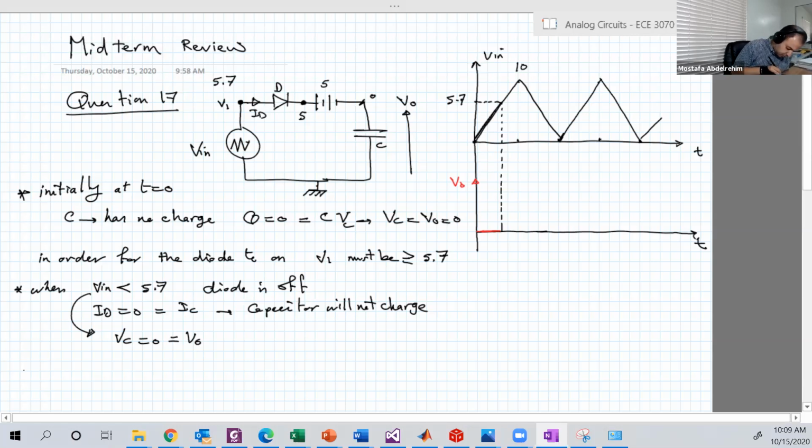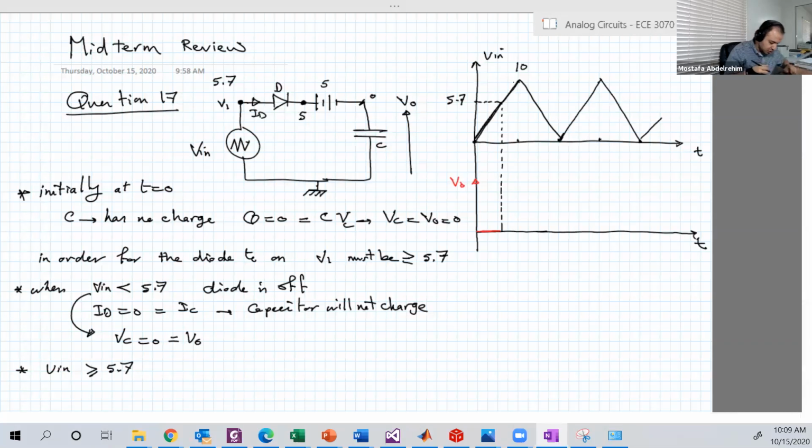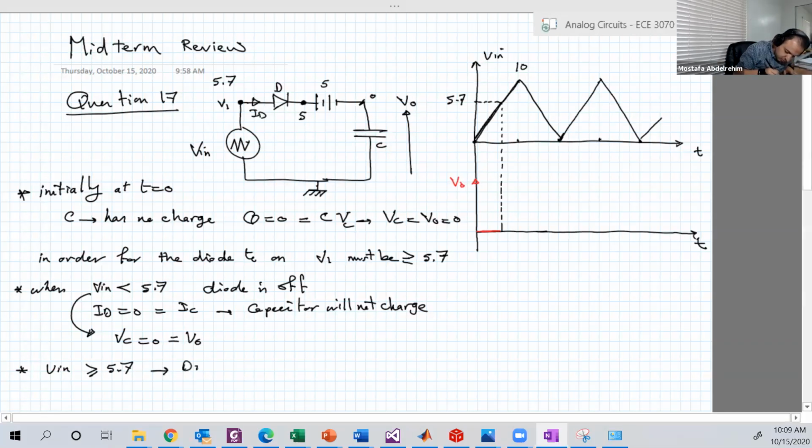Now, when the input exceeds 5.7, these values here are more than 5.7, so the diode will be on. So ID, which is equal to IC because they are in series, will be larger than or equal to 0.